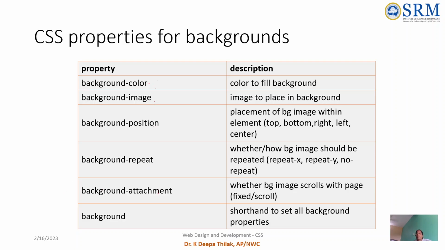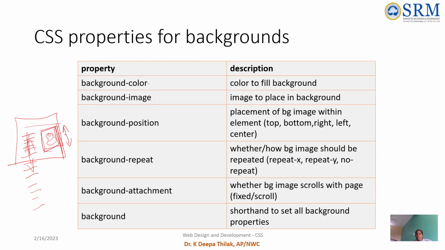And this background attachment is a new thing. What is the meaning here? If I have a web page with some text on the left side and one small image on the right side, what happens whenever I scroll up and down? Consider I have a lot of text. This will move up when I scroll up and move down when I scroll down. But what happens to my image?